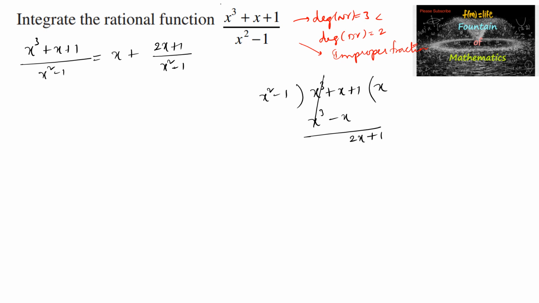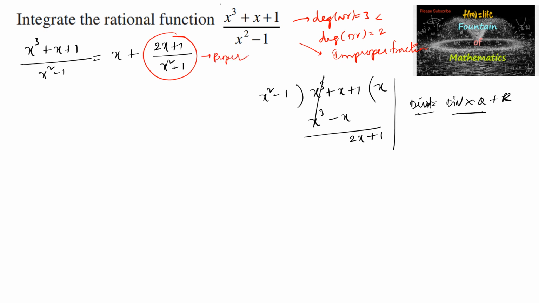Since we know that by the remainder theorem, dividend is equal to divisor into quotient plus remainder. So here the dividend, that is x power 3 plus x plus 1, we can write as divisor into quotient plus remainder. So now here we can see 2x plus 1 upon x square minus 1 is a proper fraction.